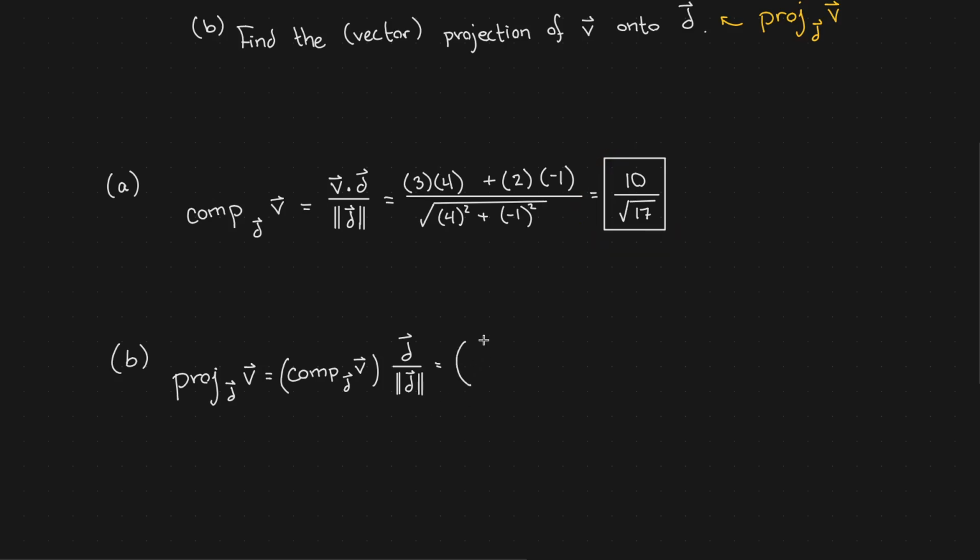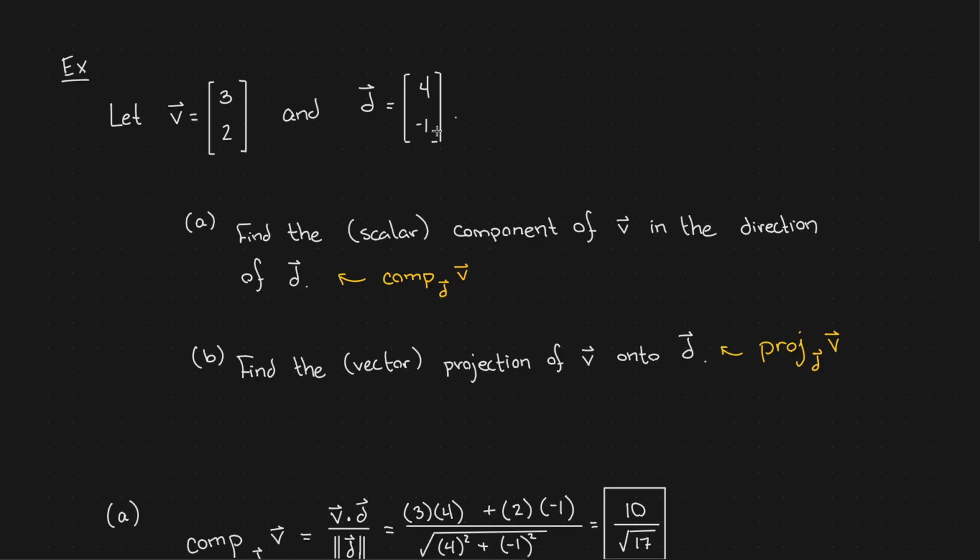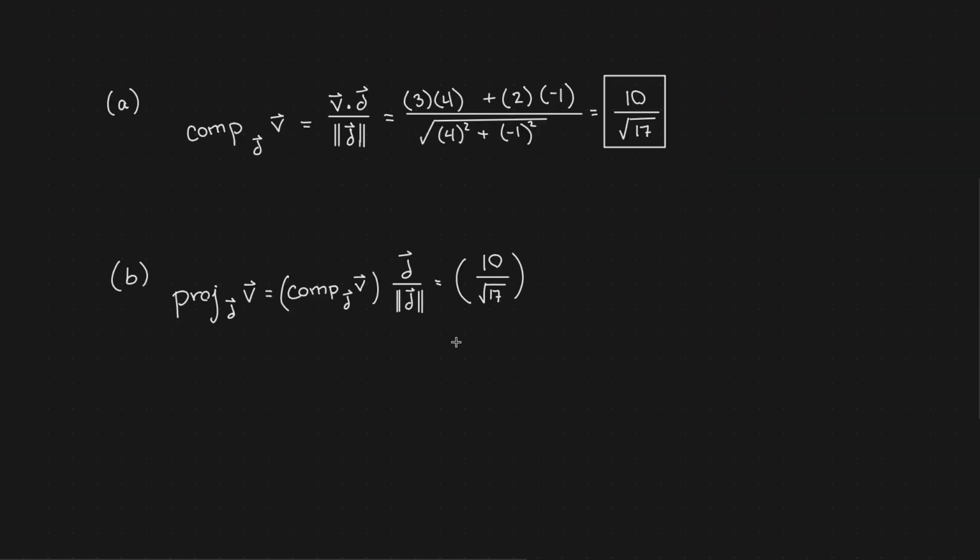That's 10 over the square root of 17. That's how much we scale the vector by. And then d over the norm of d, well, d is the vector 4, -1, and then we divide by the norm of d. We calculated the norm of d in part A already. It's the square root of 17.